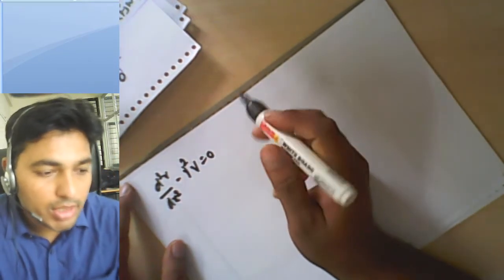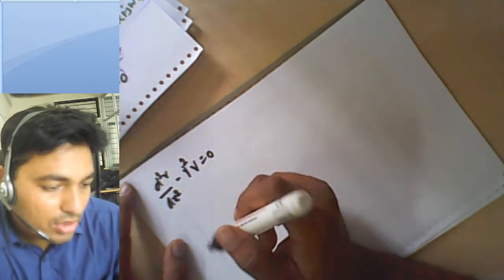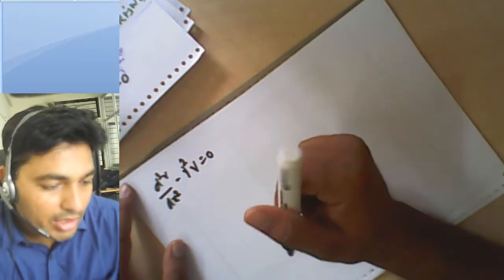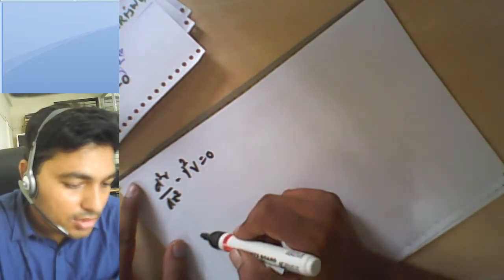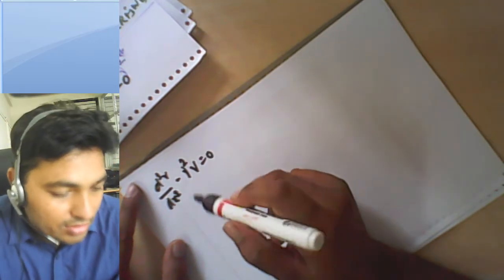That will be for voltage, and similarly for current. Now this is a second order differential equation. This is a second order homogeneous differential equation.